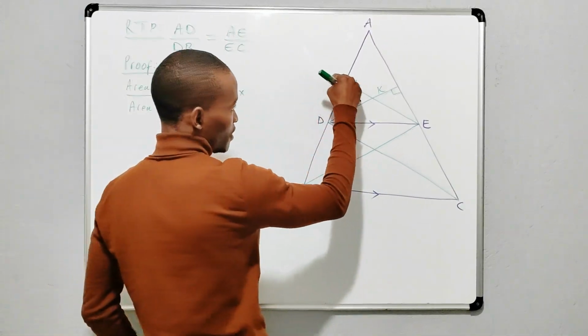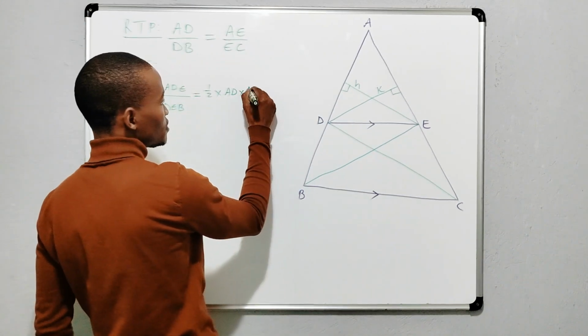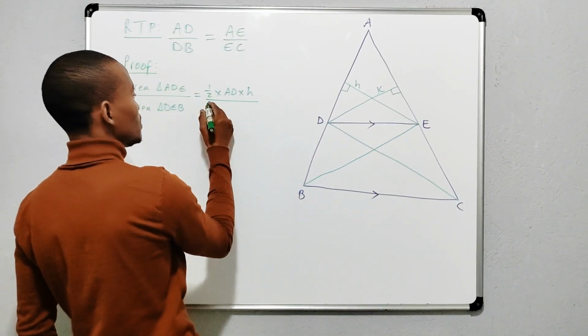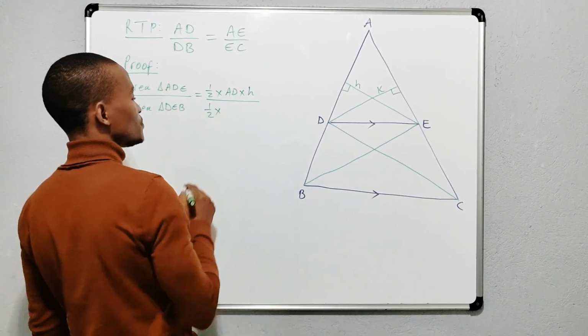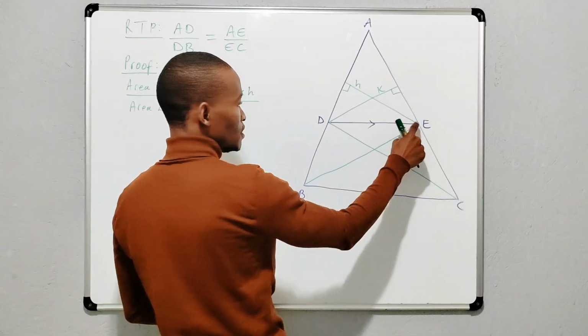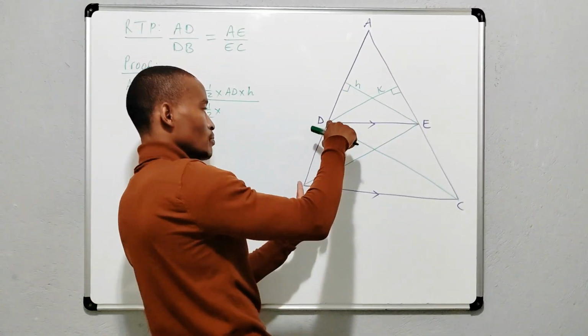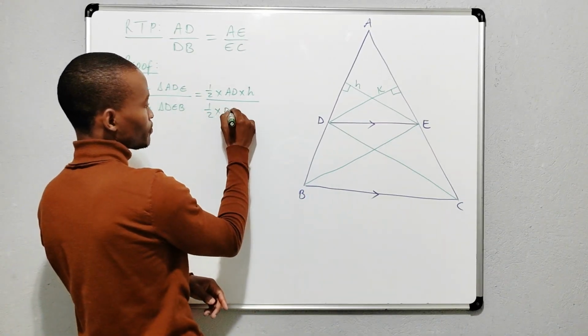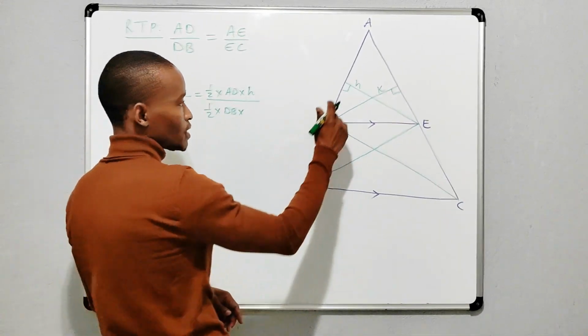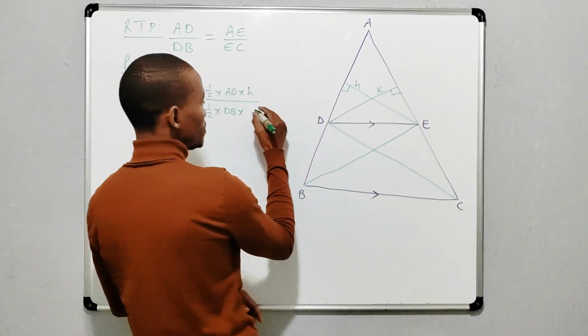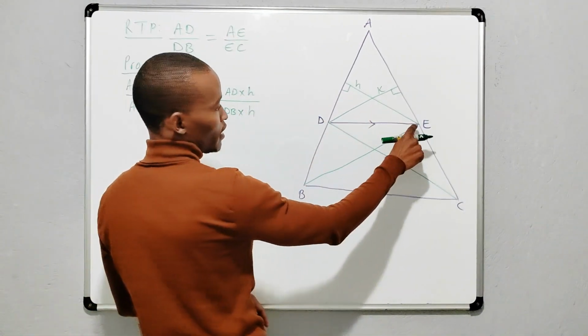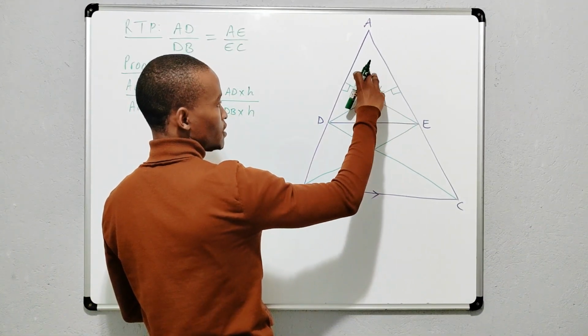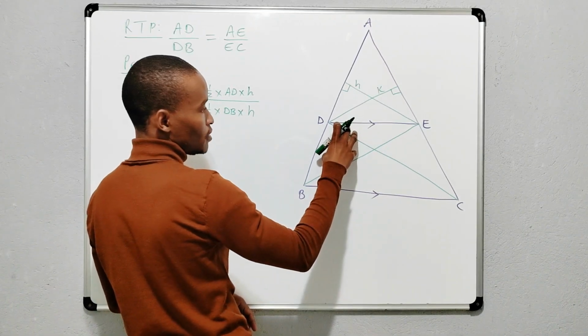What is the perpendicular height? It's denoted by H. And this one is half times DEB, what is the base? It's DB times what is the perpendicular height? It's H. They have a common vertex, ADE and DEB.